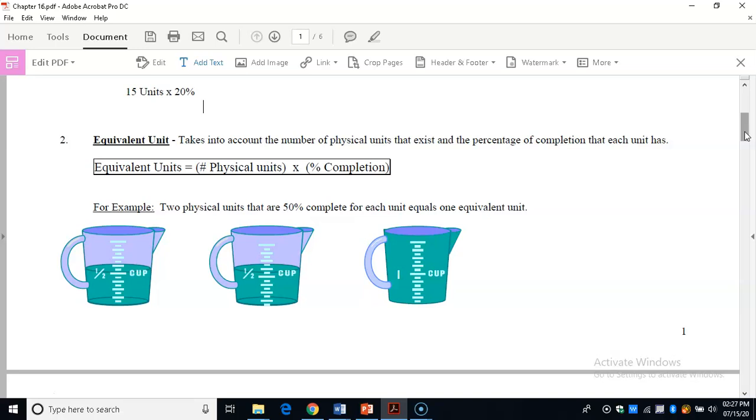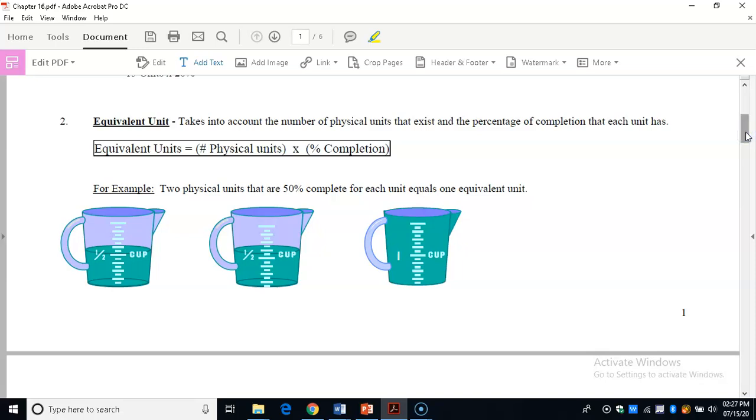All right, let's take a look at this example here. Okay, so here's an important example. Let's talk about equivalent units. Okay, let's say that I have 2 physical units. So if I have 2 physical units and each one is 50% complete, then how many finished units do I have?